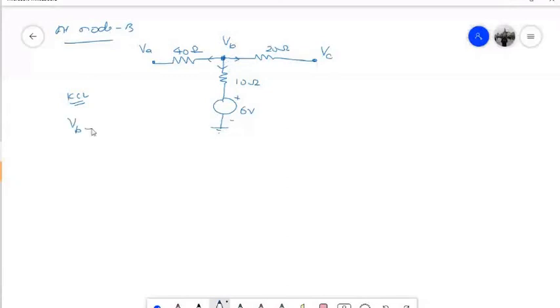That is nothing but VB minus VA divided by 40, plus how will I write the expression for this current? Now this will be at a potential VB, and at this particular point it will be at a potential of how much? So this will be at a potential of 6 volt. Fine. So this point will be at a potential of 6 volt, and here it will be at a potential VB. Now it is nothing but VB minus 6 divided by 10.